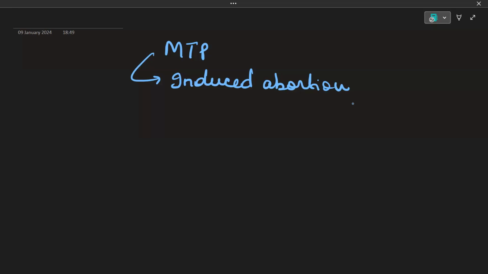In that case, induced abortion is done. And secondly, in a normal pregnancy, if the continuation of the pregnancy would be harmful to the mother or the fetus or both, so these two are the cases. Okay, when is it done?